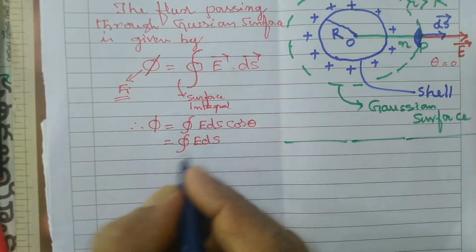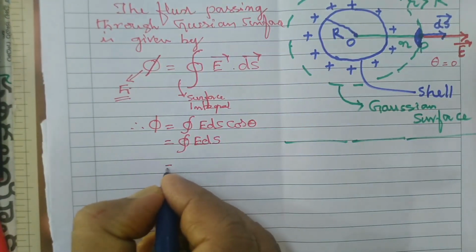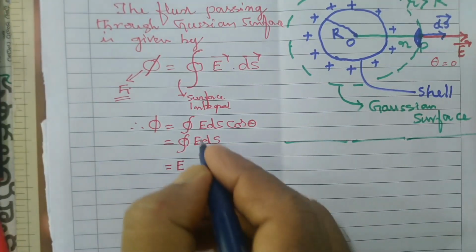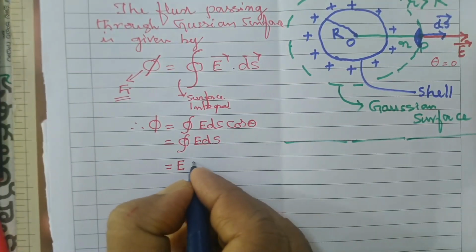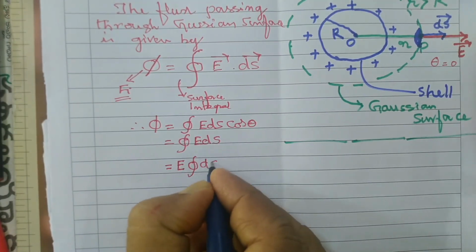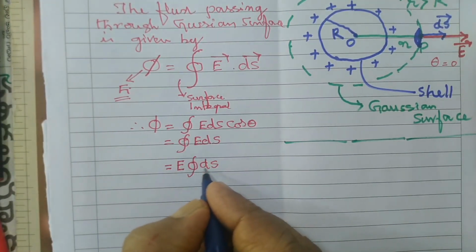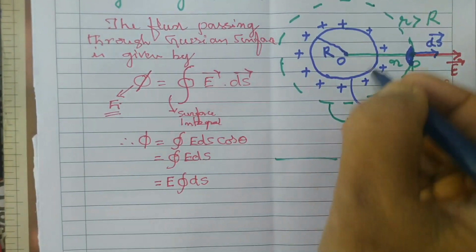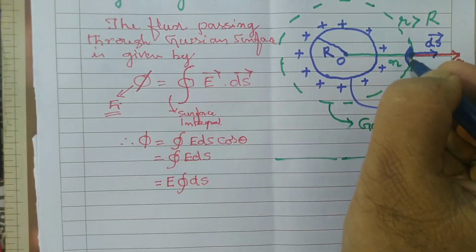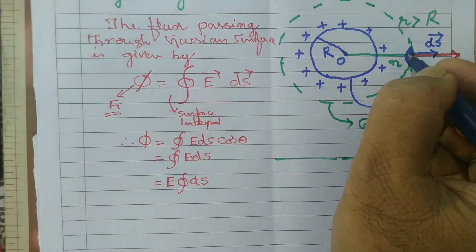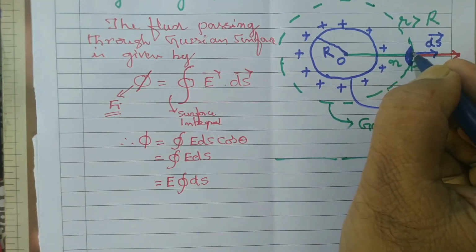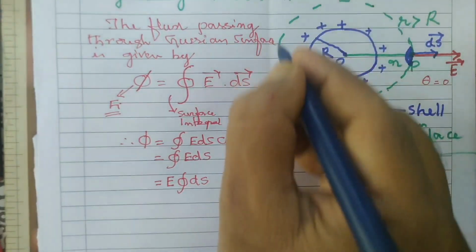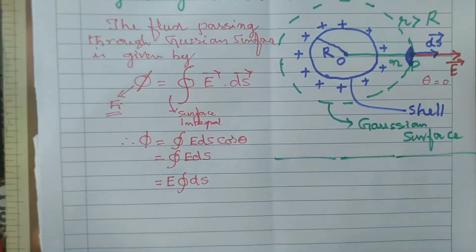In the surface integral E dot ds, for the sake of convenience I'll take E outside because E is a constant for this surface, and I write the surface integral ds here. What is surface integral ds? Ds is this elementary area on the sphere, a small piece of area I have considered. Surface integral ds means this entire Gaussian surface area will come here.